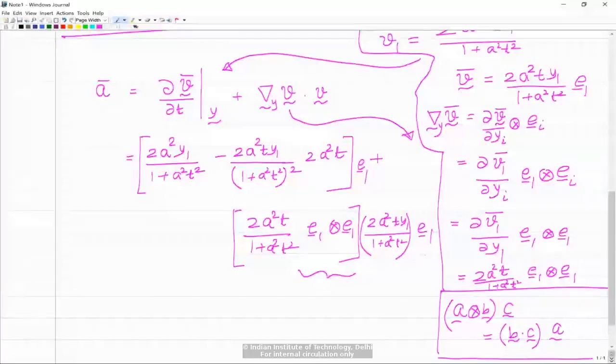And you will see that this is equivalent to, the second order tensor is like a matrix, isn't it? Whereas this vector is like a column. So this definition of multiplying second order tensor with a vector is equivalent to doing matrix times column. If you work it out in component form, it is equivalent to doing matrix times column.